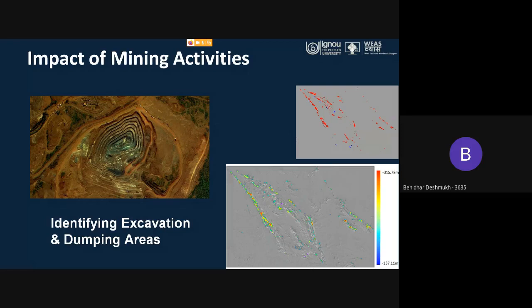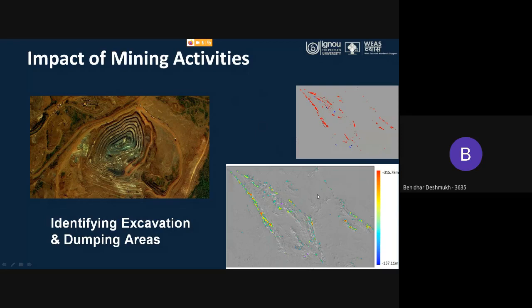So there will also be some overburden, some waste material. The waste material is dumped in some chosen areas, and the ores, the material from which we can extract metals, is used for the further ore beneficiation process. So this map gives you just an idea about the areas where the dumping and excavation has taken place.